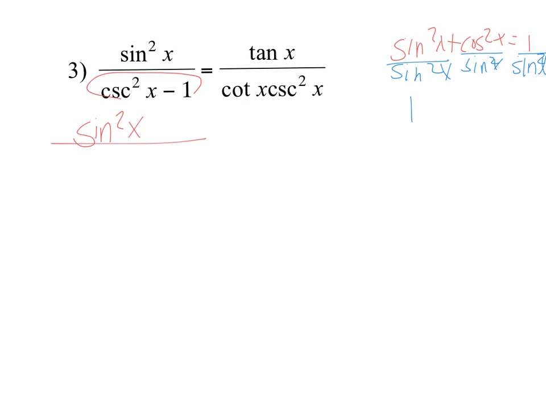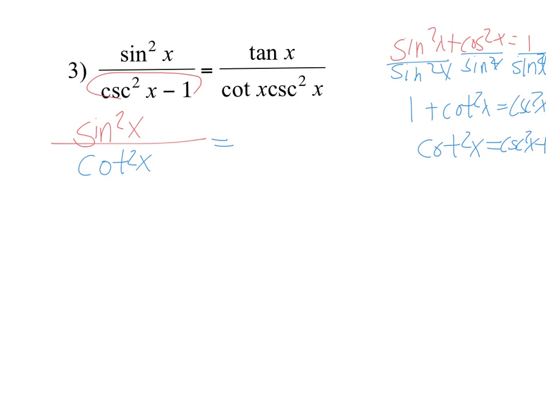So we're looking at 1 plus cotangent squared x is equal to cosecant squared x, which means that cotangent squared x is equal to cosecant squared x minus 1, which is what we have here. So that's the same as cotangent squared x.